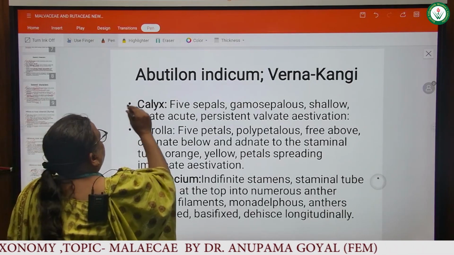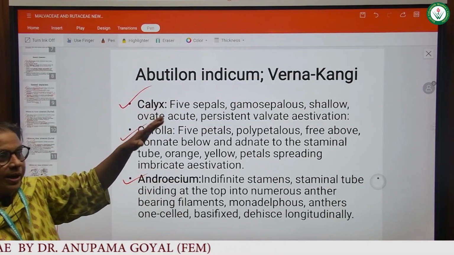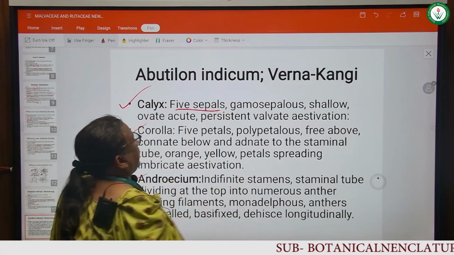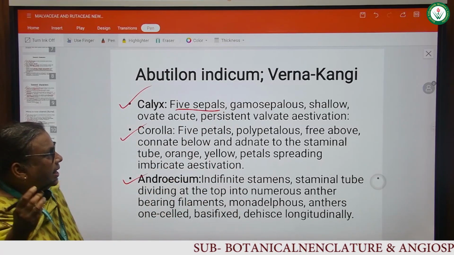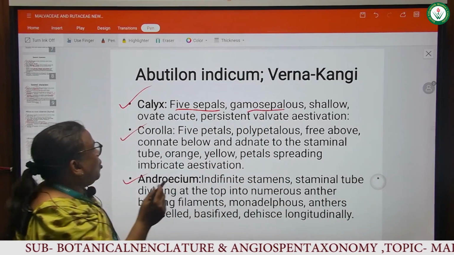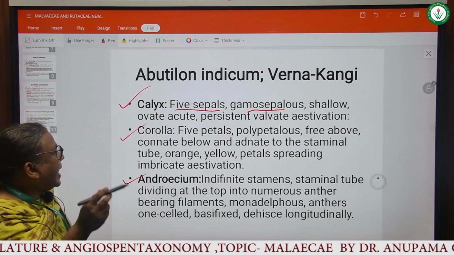Now I talk about the calyx, corolla and androecium in Abutilon indicum. Five sepals are present. They are gamosepalous, shallow, ovate, acute, persistent, with valvate aestivation.